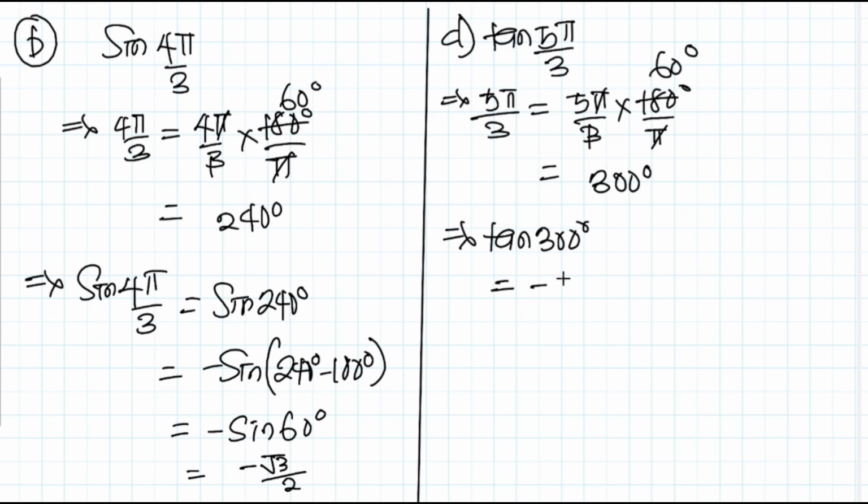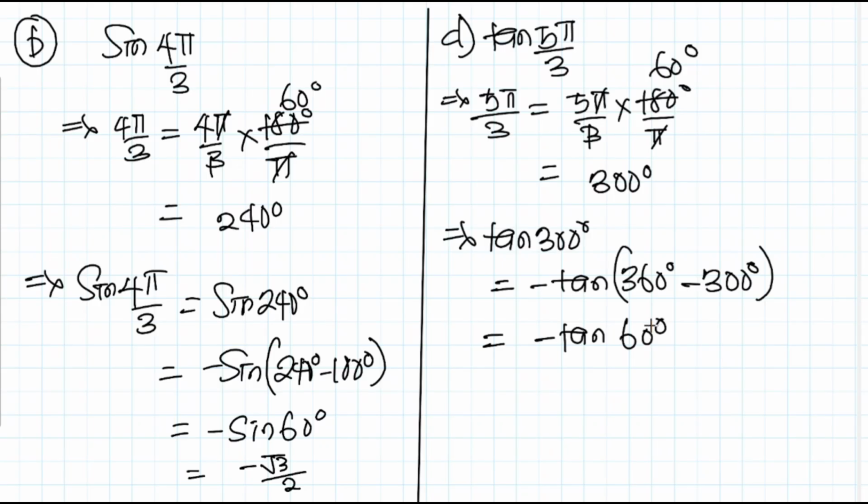Tan is negative in the fourth quadrant, so that will be minus tan. The acute angle will be 360 minus 300, which is minus tan 60. What is tan 60? That is root 3 over 1, right? So that is minus root 3, the final answer.